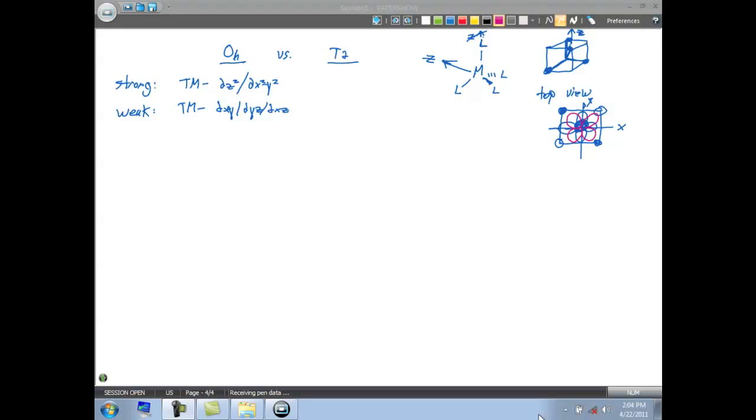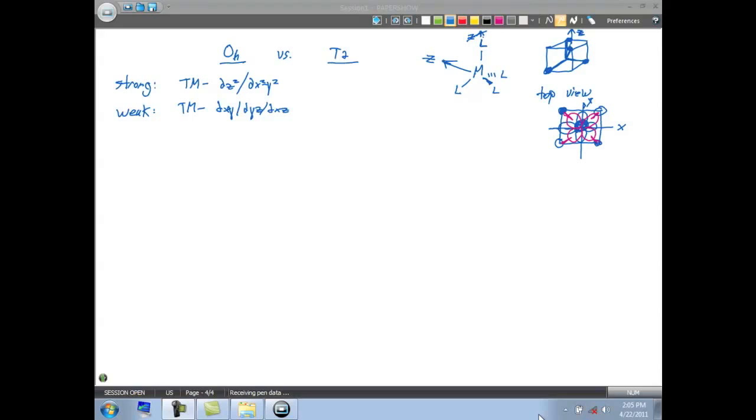And I've shown them here in pink. And that interaction right here is going to be much stronger than the interaction with the dx squared minus y squared. And when I start to draw these ligands in this fashion, you can see why we typically separate these orbitals and draw them one at a time, because it starts to get really complex in there. But this is what those ligands are seeing when they look at this transition metal.